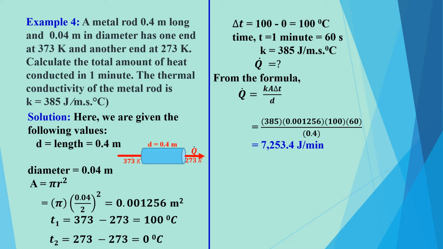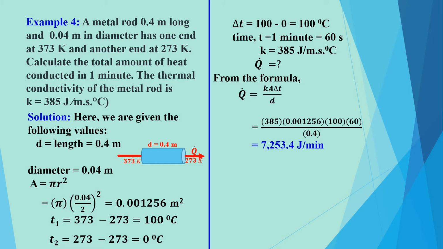So from the formula, Q dot equals K times A times delta T over D, substituting values, 385 times 0.001256 times delta T, which is 100, times 60 seconds in 1 minute, divided by the thickness, which is 0.4.